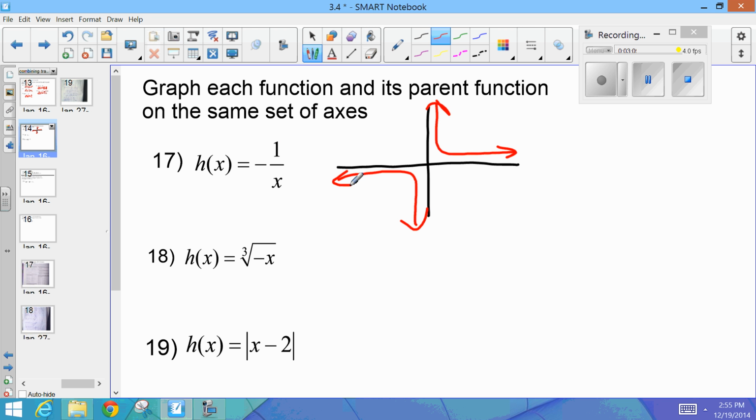Here I've got a negative, so it's a reflection across the x-axis. So what's in quadrant 1 will now go to quadrant 4, and what's in quadrant 3 now goes to quadrant 2. So in red I did the parent, in green I did the reflection of that parent graph over the x-axis.